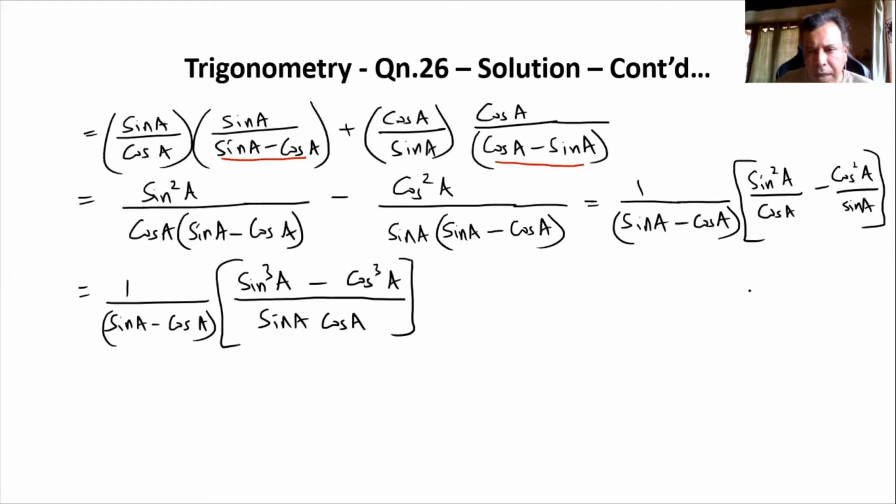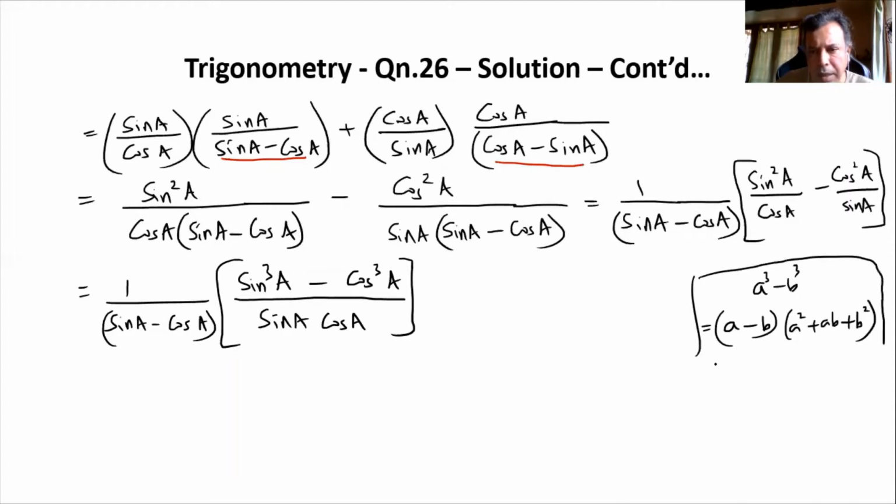This is like A cube minus B cube. A cube minus B cube, we can factorize it as A minus B into A square plus AB plus B square. Using our algebraic identities, we can write like this.